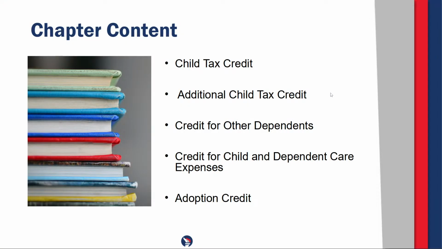Like we said, in this chapter, the child tax credit, the additional child tax credit, credit for other dependents, the credit for child and dependent expenses, and the adoption credit are talked about. I am not going to talk about the adoption credit. It is something very rare. In 20 years, I've done the adoption credit once.